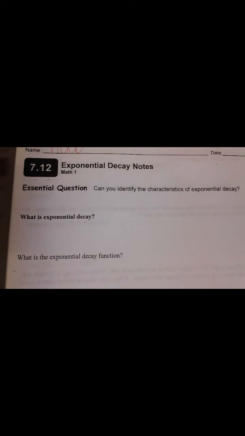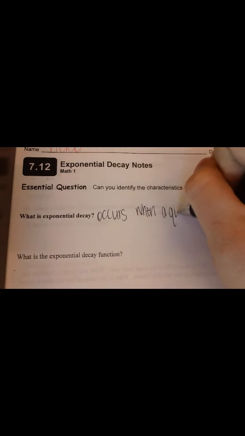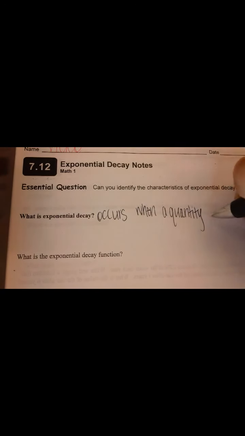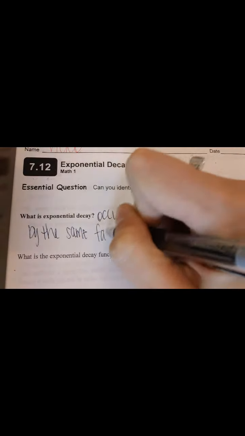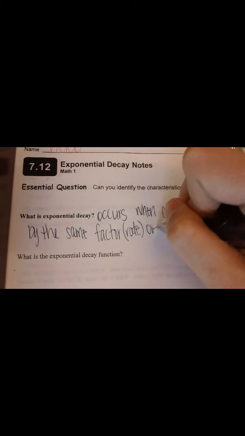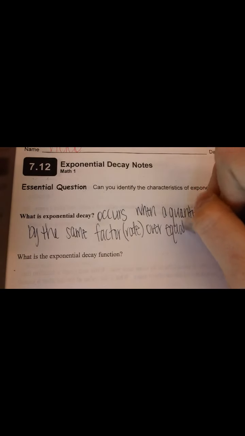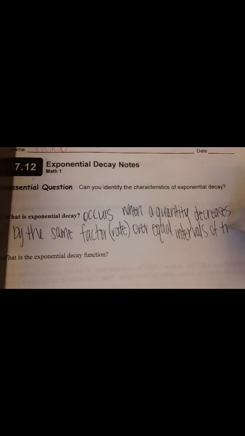And exponential decay occurs when a quantity decreases by the same factor or rate over equal intervals of time.